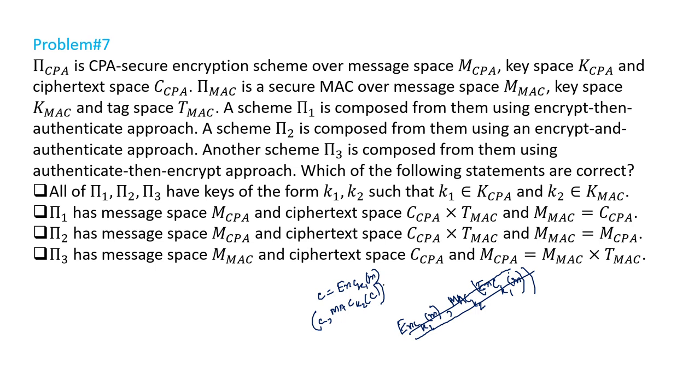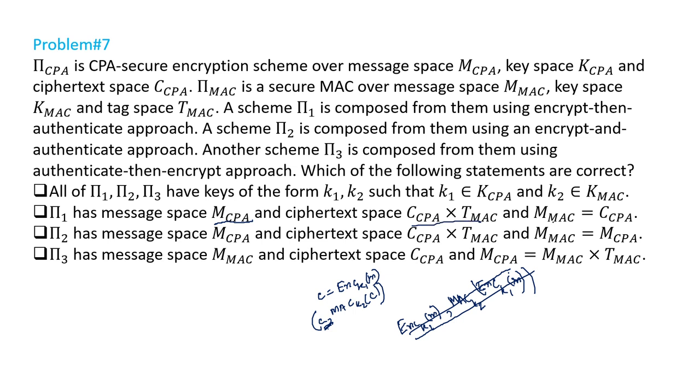So the message space is M only, that is M CPA. And the ciphertext space is the ciphertext space for the CPA secure scheme, that is C CPA, cross the output tag space for the MAC scheme.